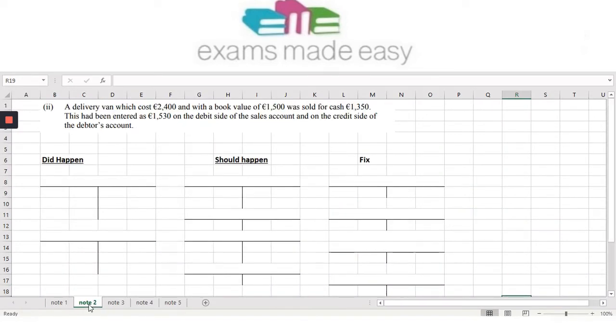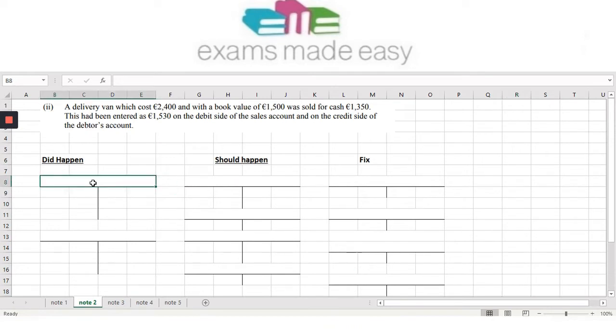Note number 2. A delivery van which cost 2,400 and with a book value of 1,500 was sold for cash 1,350. This had been entered as 1,530 on the debit side of the sales account and on the credit side of the debtors account. Okay, so mistakes made again here. So start with the did happen.